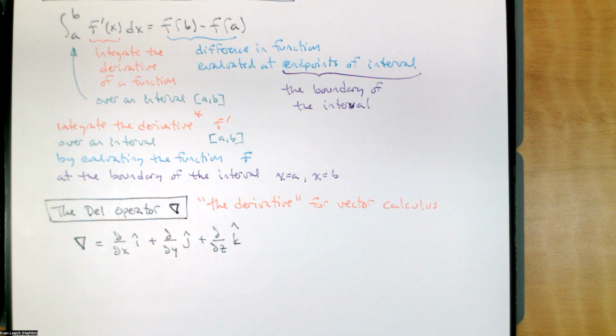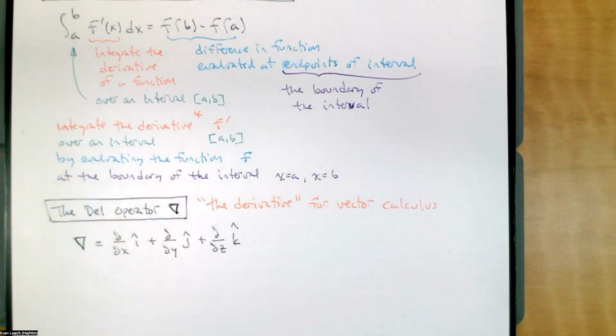Now, you may recall that one of our alternate notations for the gradient of a function was del f. And when we apply the del operator to a scalar function, we get the gradient.